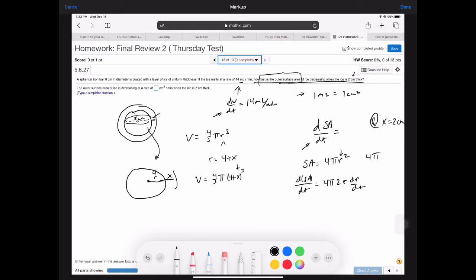We said r is actually 4 plus x in our version, squared. So if we take the derivative of this, this would instead be 4 pi times 2 times (4 plus x) and then dx over dt. Because the derivative of 4 is 0 and the derivative of x is 1, and then dx dt.